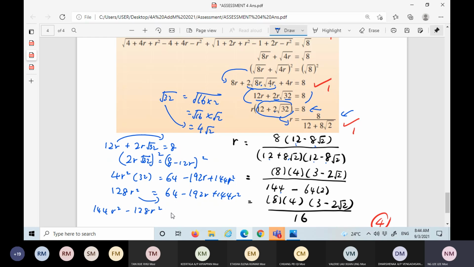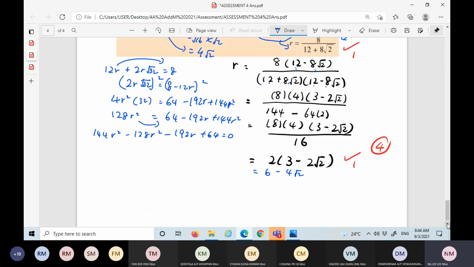Oh, I see. So minus 192R plus 64 equals to 0. So 144 minus 128, so 16. So 16R squared, 192R, and then 64.